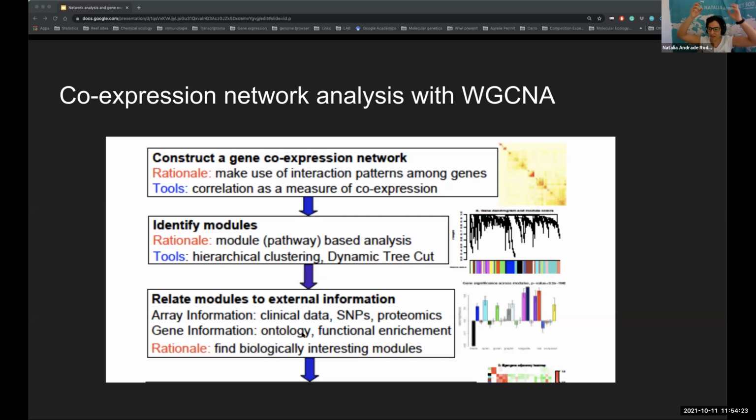Gene ontology is like a family. I don't know if people know, but it works like a family tree, right? It gives the function of a gene.